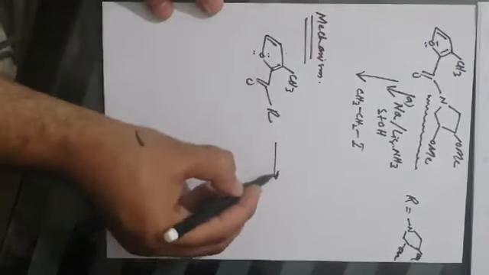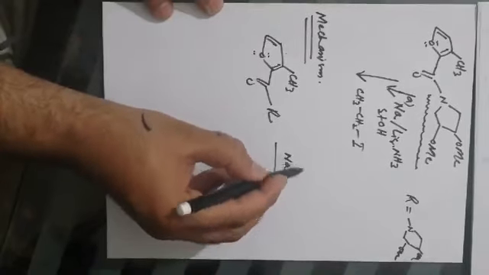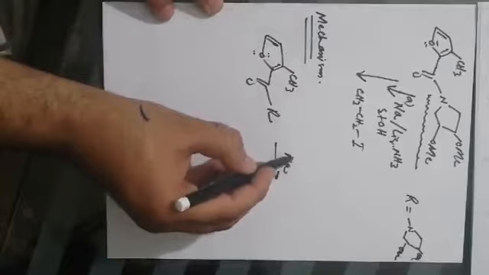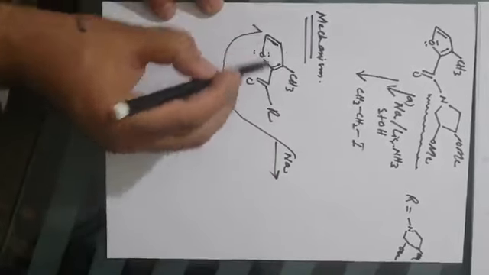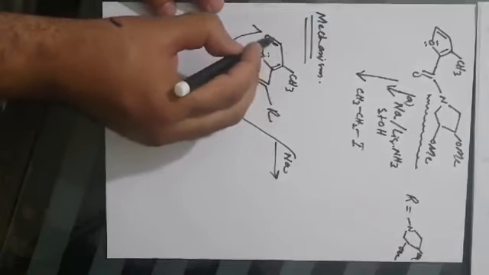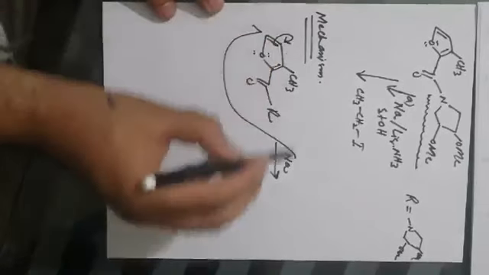What happens in the first step? In the first step, it involves the attack of a single electron. Then it will move here.